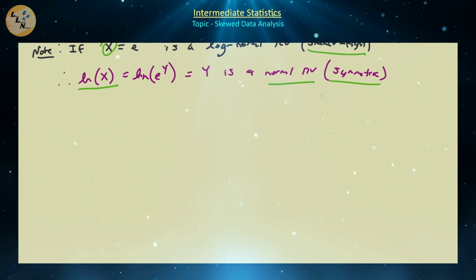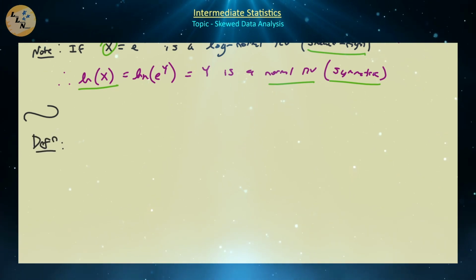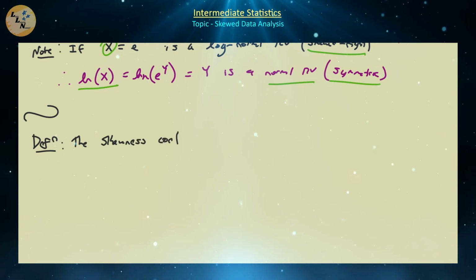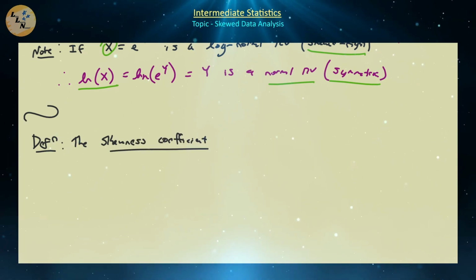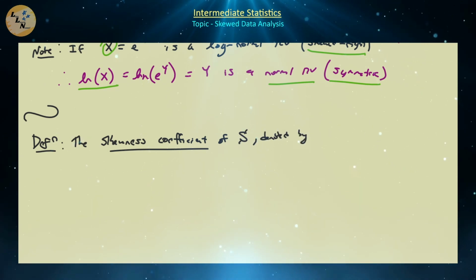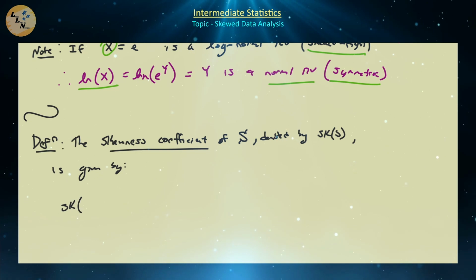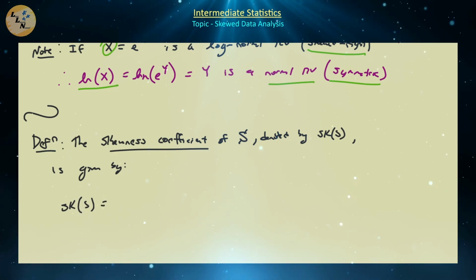So now let's actually define some ways of describing the skewness of a data set. So definition. The skewness coefficient of data set S, and we're going to denote this by Sk(S), is given by, so Sk(S) is equal to, one of the most common ways to sort of interpret skewness is the relationship between the mean and the median.